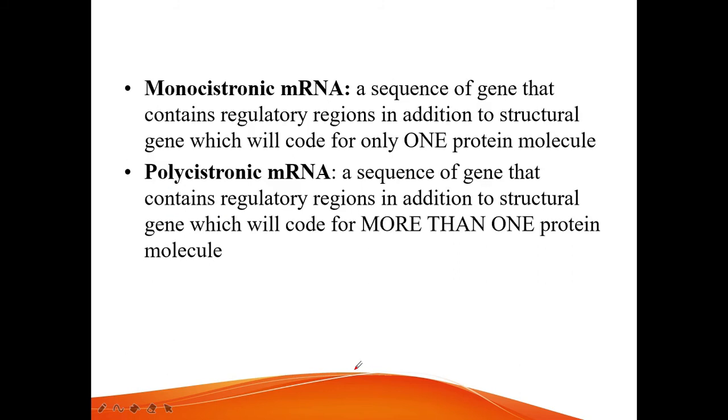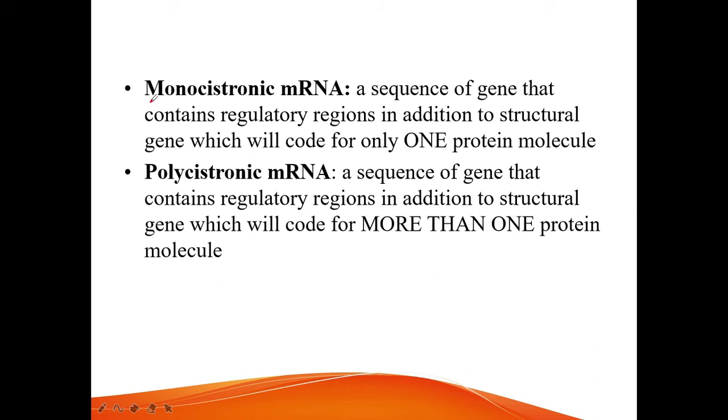Now, what is monocistronic mRNA and what is polycistronic mRNA? Simple. From the first word, we can guess. Mono means one, poly means many. An mRNA which translates into one protein is called monocistronic mRNA.